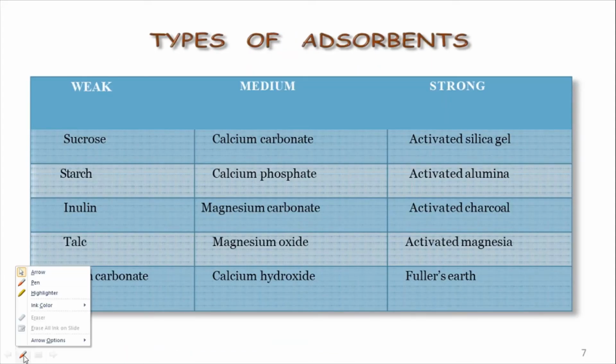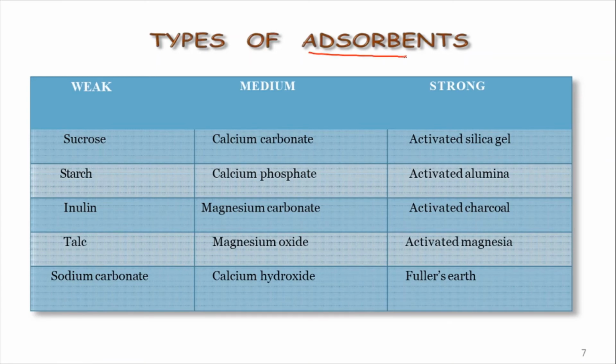Regarding these ideal properties, stationary phases are divided into three: weak, medium, and strong. What is meant by weak? Those kinds of stationary phase do not meet the ideal properties. Sometimes they break down and are readily soluble.